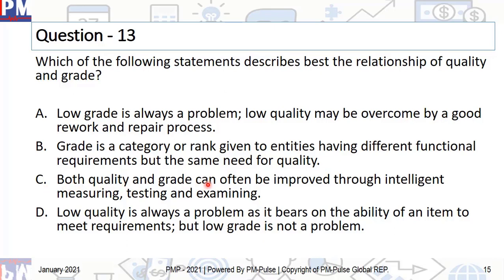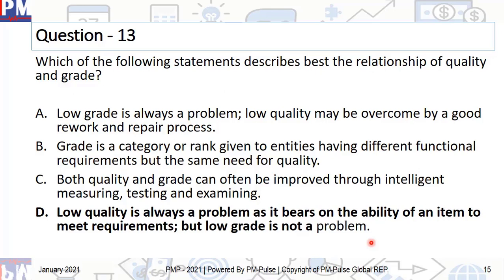C. Both quality and grade can often be improved through intelligent measuring, testing, and examining. And D. Low quality is always a problem as it bears on the quality of an item to meet requirements, but low grade is not a problem. And the correct answer is D.